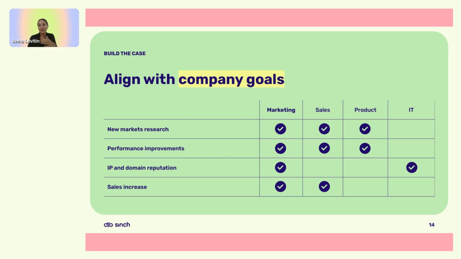Again, sometimes you need to be creative here, but you need to see the entire picture of company goals. And of course, sales. Either better conversion to sales, or any other events that you track, for example, registration to a webinar, to the platform, to conferences.